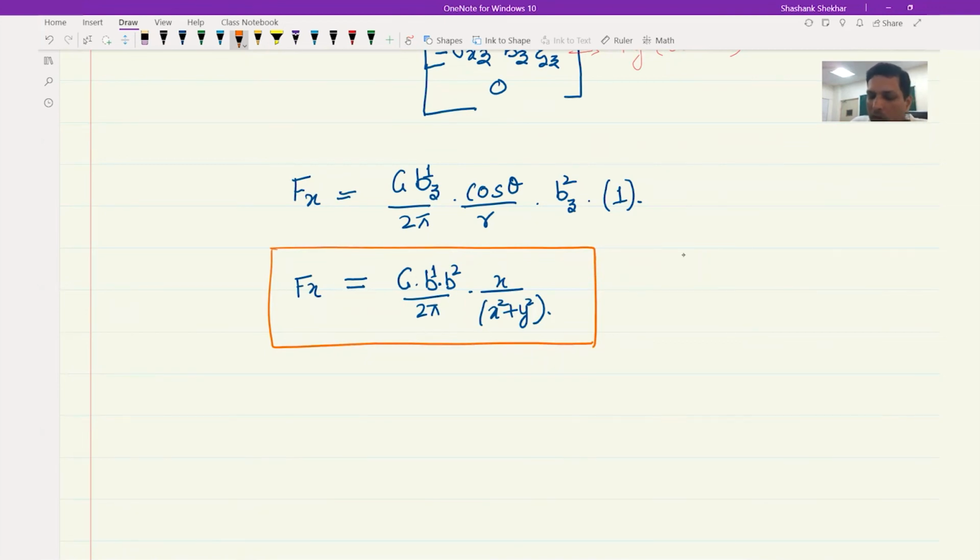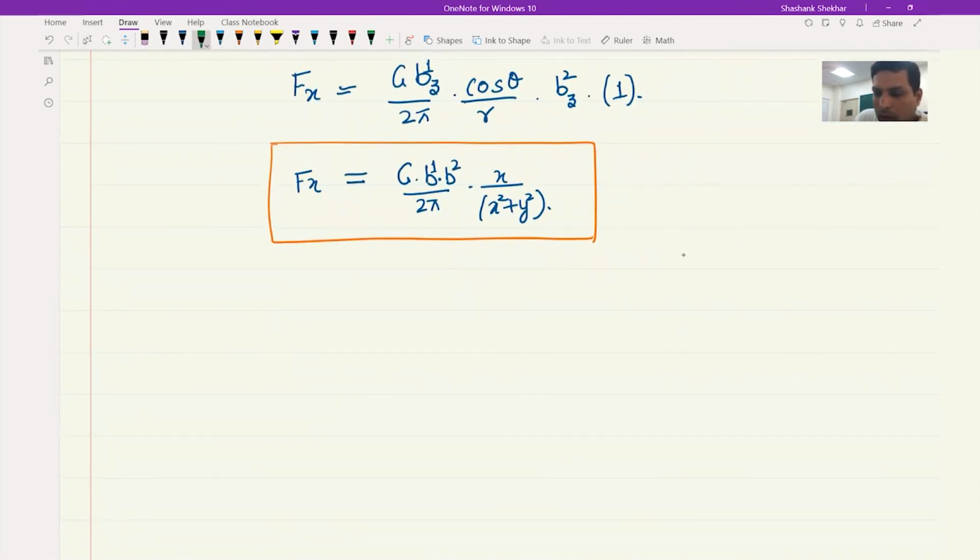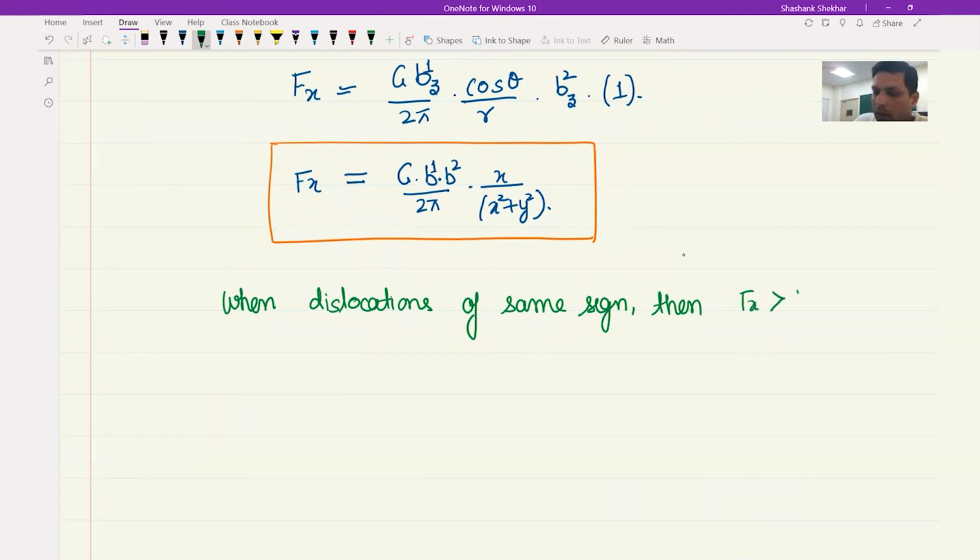And here also what we see is that when dislocations are of the same sign, then Fx is greater than 0, which means repel.